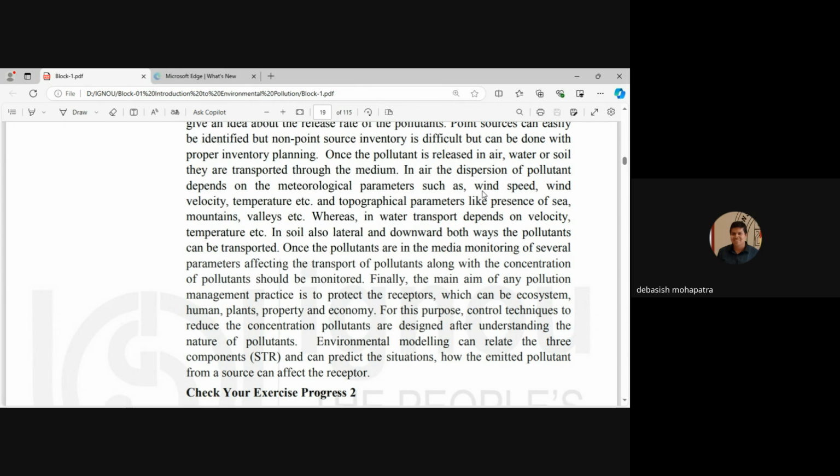Environmental modeling can relate the three components, STR, and can predict the situation. Once they are released, how can we check them?